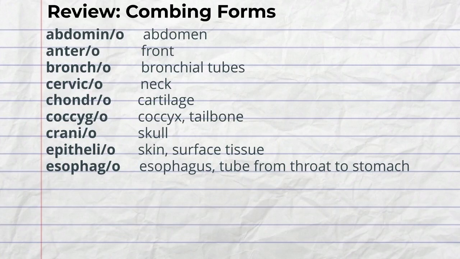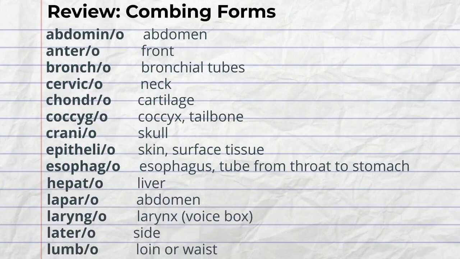Epithelio, skin or surface tissue. Esophago, the esophagus, the food tube from your throat to your stomach. Hepato, liver. Laparo, abdomen. Laryngo, larynx or voice box. Latero, side. Lumbo, loin or waist.